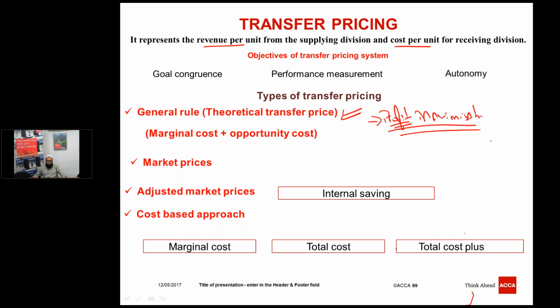And for general rule application, I told you 3 things: seller's perspective first, buyer's perspective second, and third was the group's perspective.